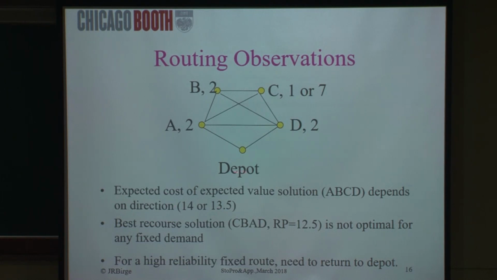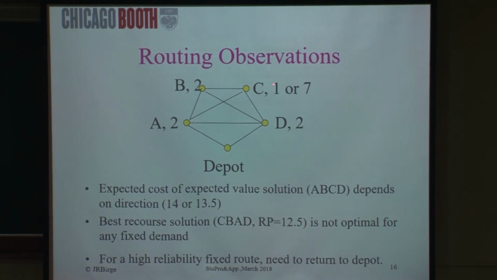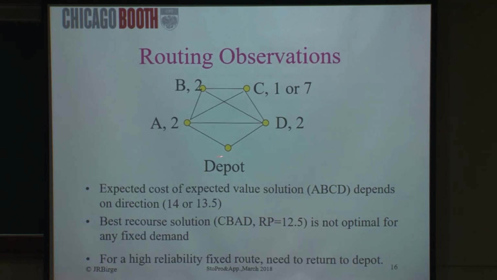Well, it turns out if I solve the recourse problem here, if I minimize the expected cost, it is actually minimized by first going to C. Because if I first go to C, I'll discover how much I have to deliver to C, and then I can make a decision about where I go next. So if I first go to C, well, let's say it was 7.